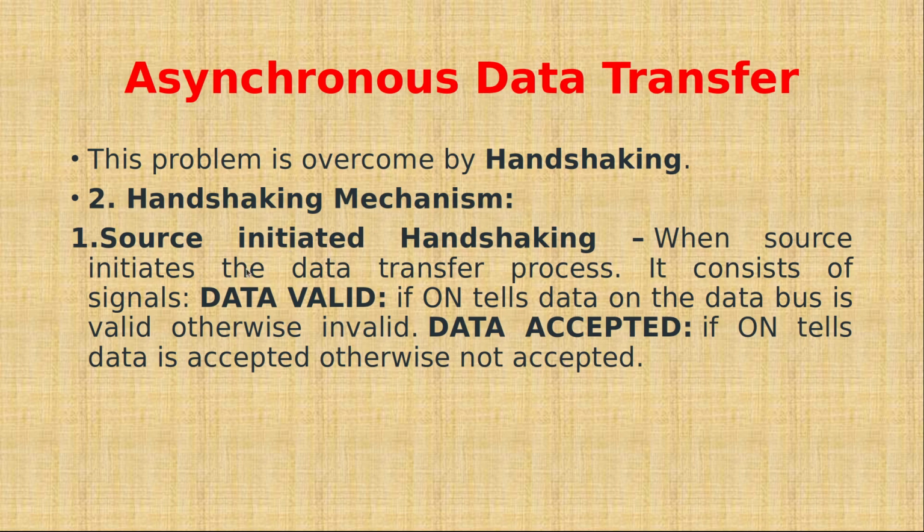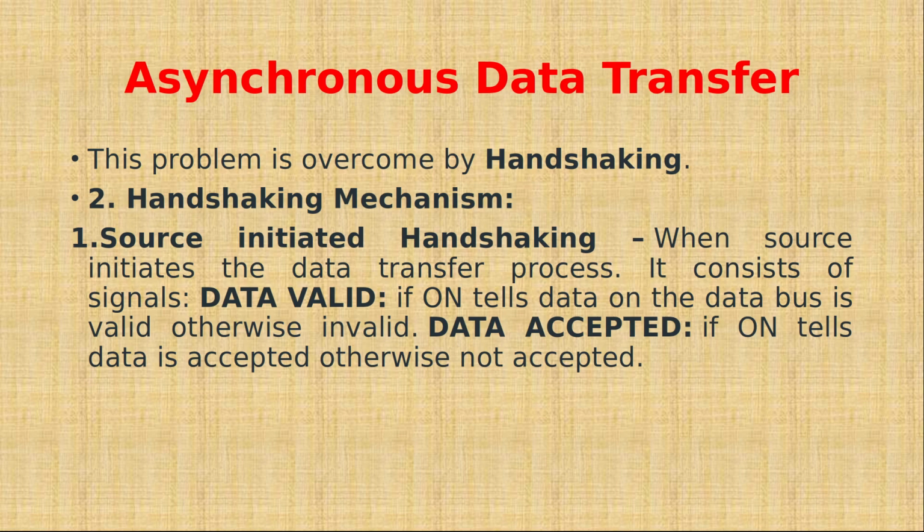In this method, the first is source initiated handshaking, and the other is destination initiated handshaking. First the data is put into the data bus, then the data valid signal is on. The destination accepts all the data, then gives an accepted signal, then the data valid is off.